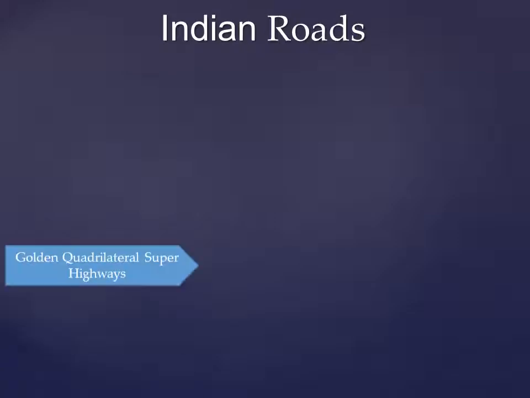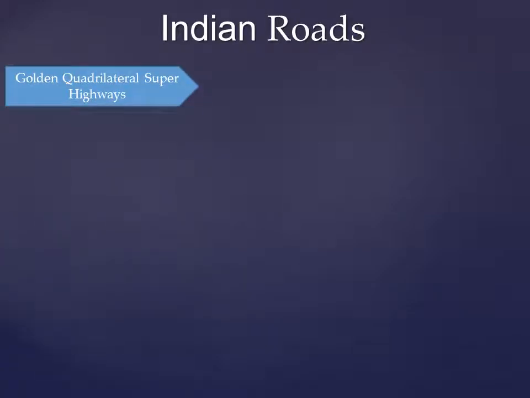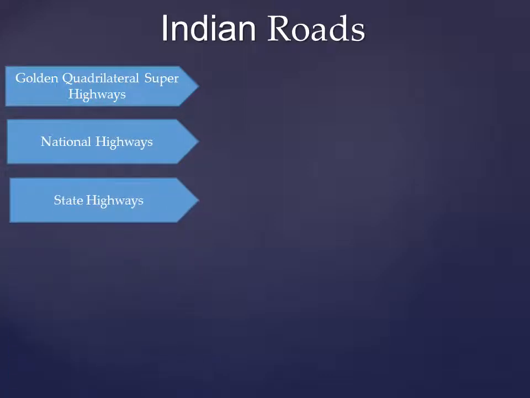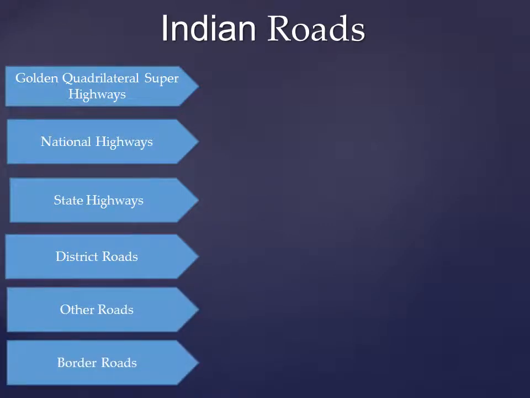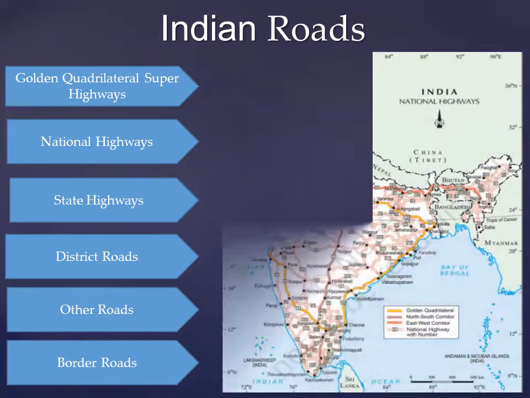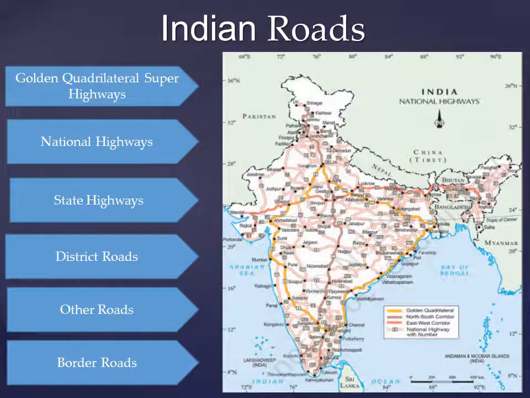Indian roads are classified into 6 classes according to their capacity: Golden Quadrilateral Superhighways, National Highways, State Highways, District Roads, Other Roads and Border Roads. We can see all these roads in the map given here, and it is also available in your book.